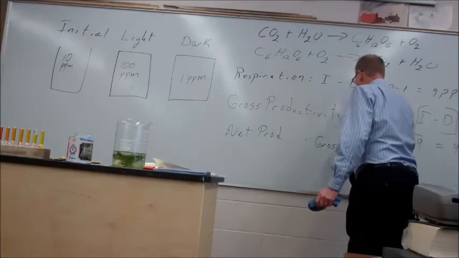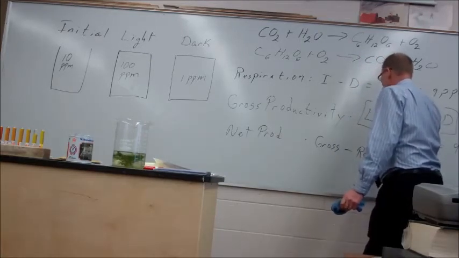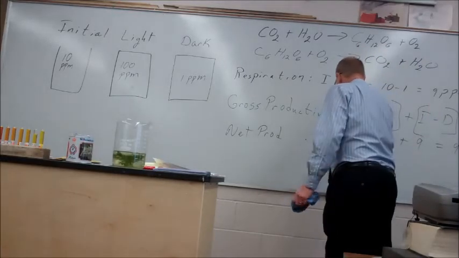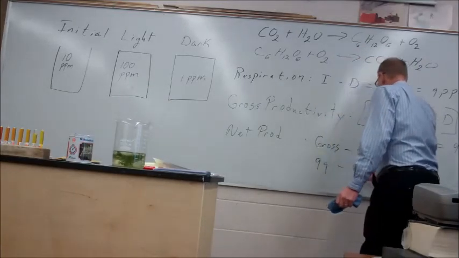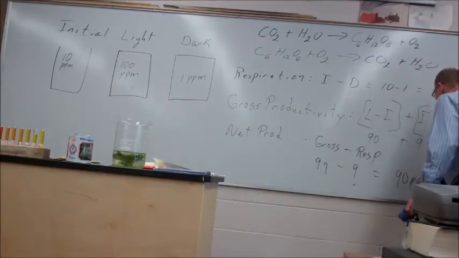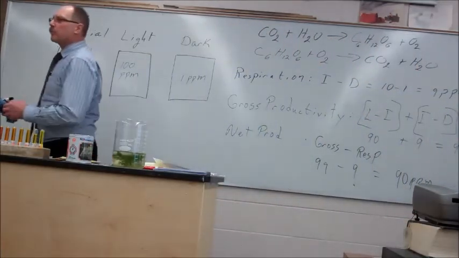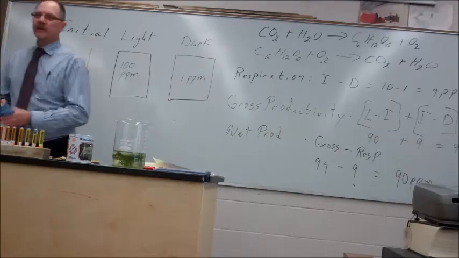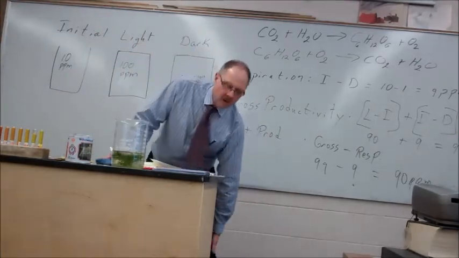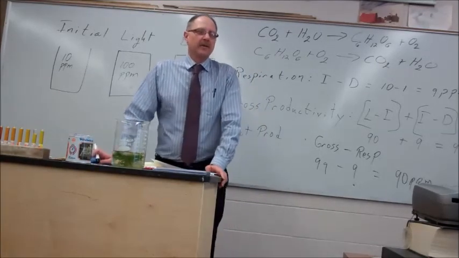I'll put a formula here, just gross minus respiration, which is going to be 99 minus 9 equals 90 parts per million. And that then finally tells us how much new productivity we had. What did you say net productivity was? Net productivity is how much we have left over to actually make some new stuff with.